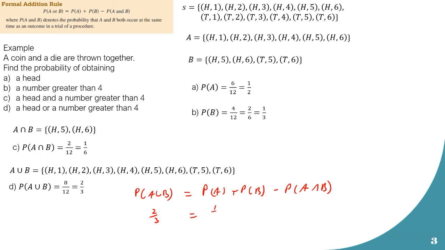That's 1/2. What's the probability of B? That's 1/3. What's the probability of A and B? 1/6. If you do your little calculation here, you can see that you do indeed get 2/3. So here we've, in a way, verified this little rule here.